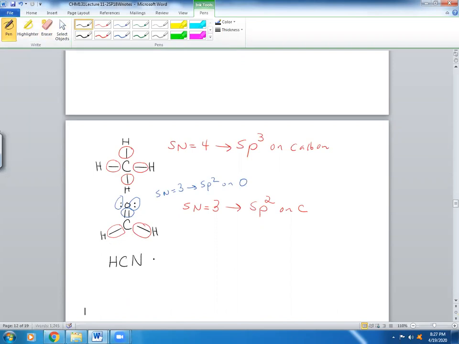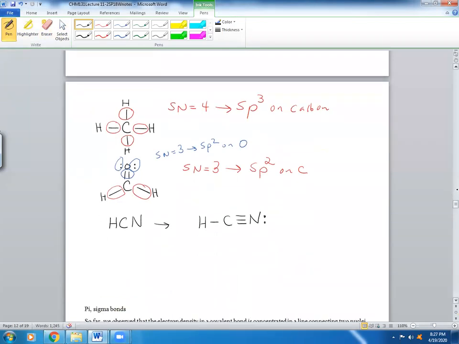HCN has this structure: H, C, and triple bonded to N. Let's determine the hybridization on C. Let's find the steric number. Here's 1, and the triple bond is also another domain, so that's 2.